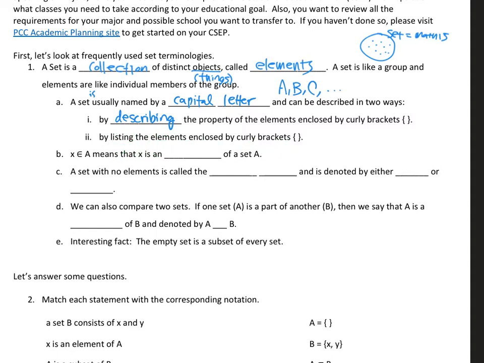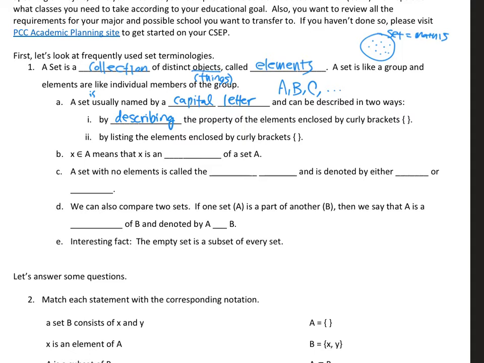So for example, our class. The first way I can describe it is students who are taking Math 15 with Mr. Cho. The second way is literally writing out all 30 names. I think I have 30 students. All 30 names with the curly brackets. That'll be just another way to describe our class.